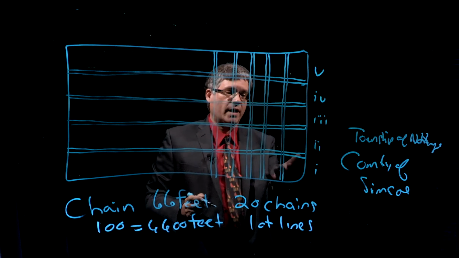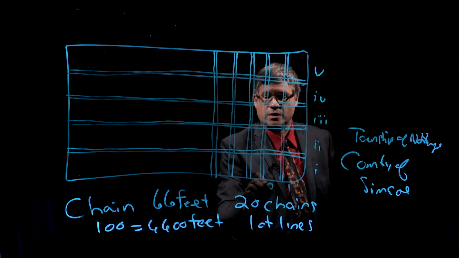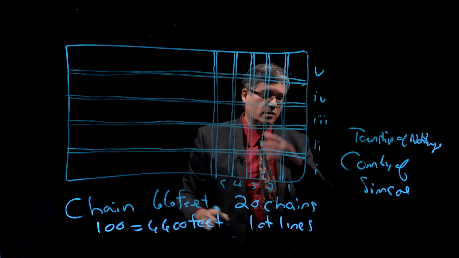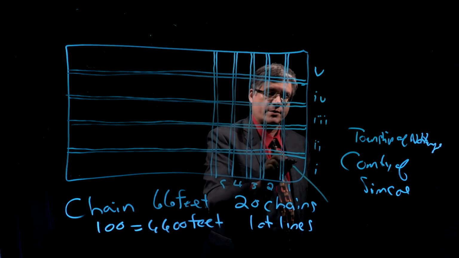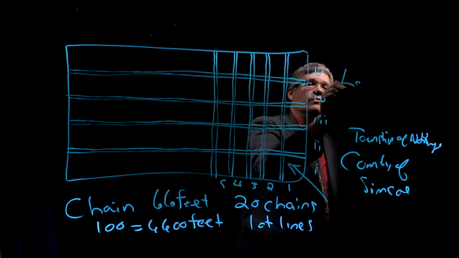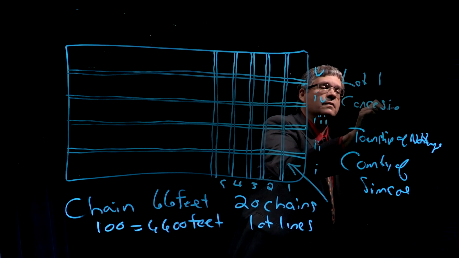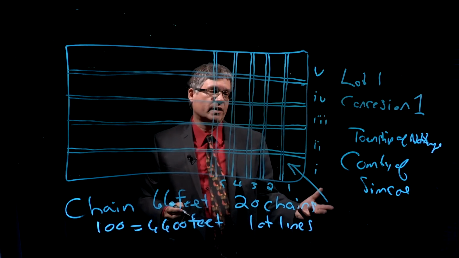We go by the legal description, and we've numbered this the other way, 1, 2, 3, 4, 5 here, and pretend that we've done all the way along. But this becomes the basis of our legal description. So if we're describing this piece of property and it's being conveyed, this would be Lot 1, Concession 1, Township of Nottawasaga, County of Simcoe.